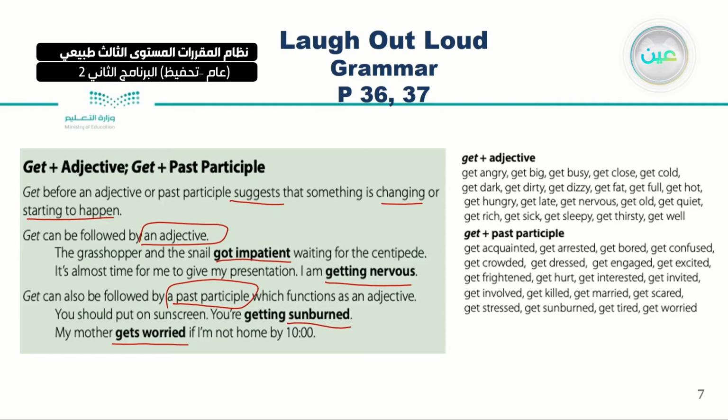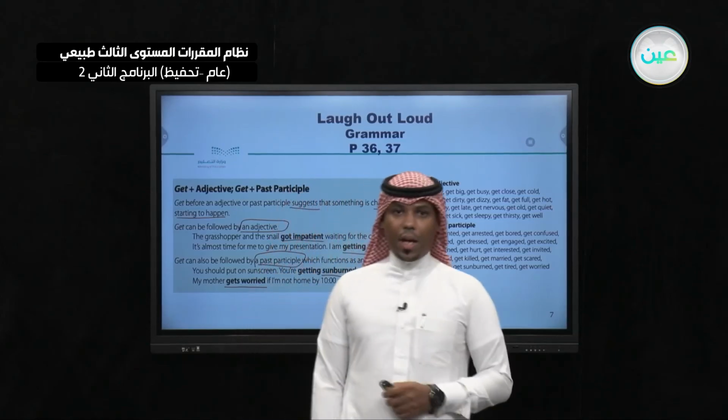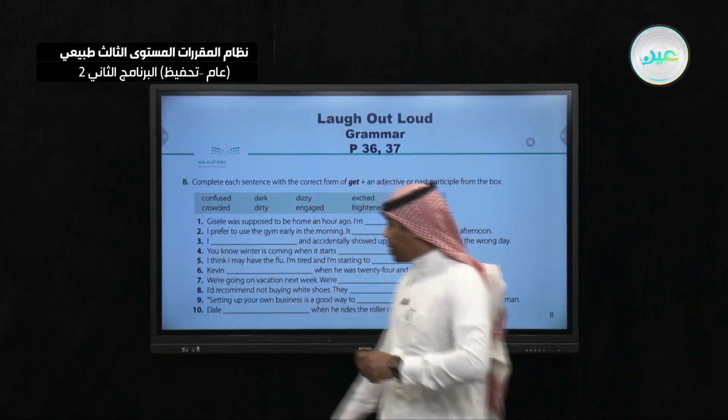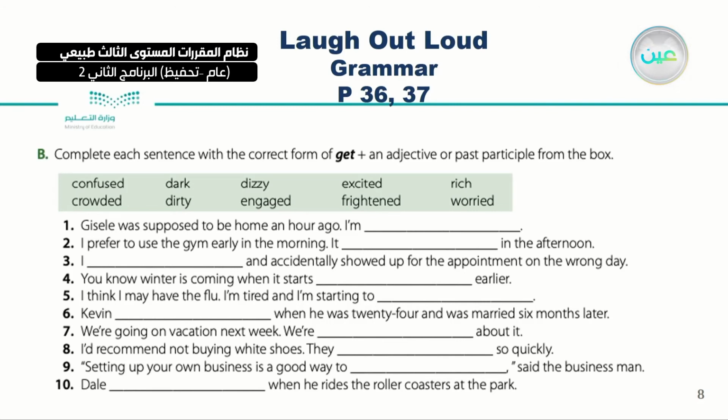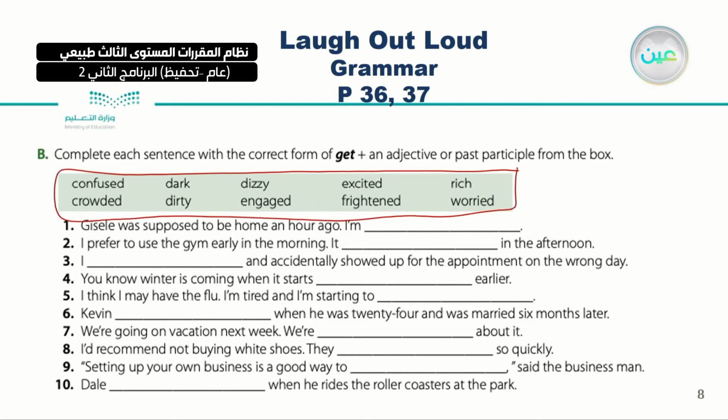Okay, very good. Now let's go to exercise B. I want you to complete the sentences here using only the words in the green box and put them in the appropriate sentence.